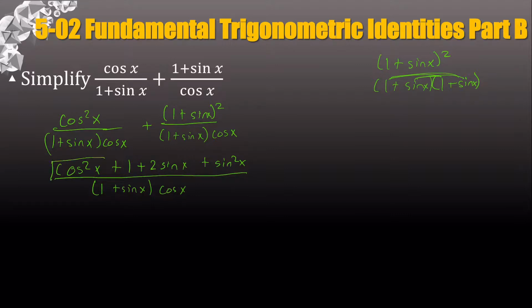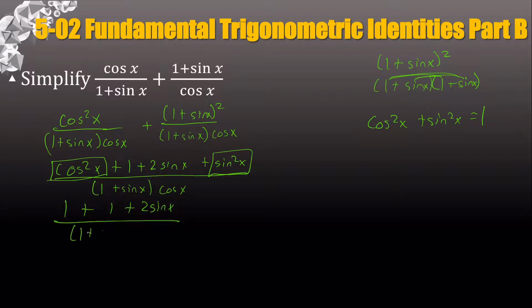we've got cosine squared plus sine squared. Cosine squared plus sine squared is 1. It's a Pythagorean identity. So I now have 1 plus 2 sine of x. So that would be, if I rearrange things, 2 plus 2 sine of x.